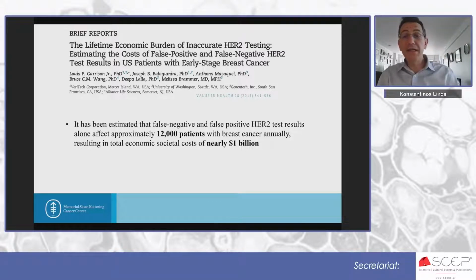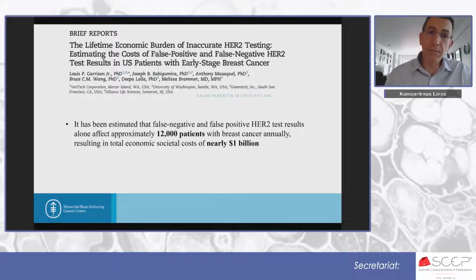And currently in the United States, in Europe, Japan, Australia, everywhere, there are no requirements to control or record pre-analytical variables in clinical practice. The only exception in the United States, and I'm sure in Europe as well, is breast cancer tissue, right?